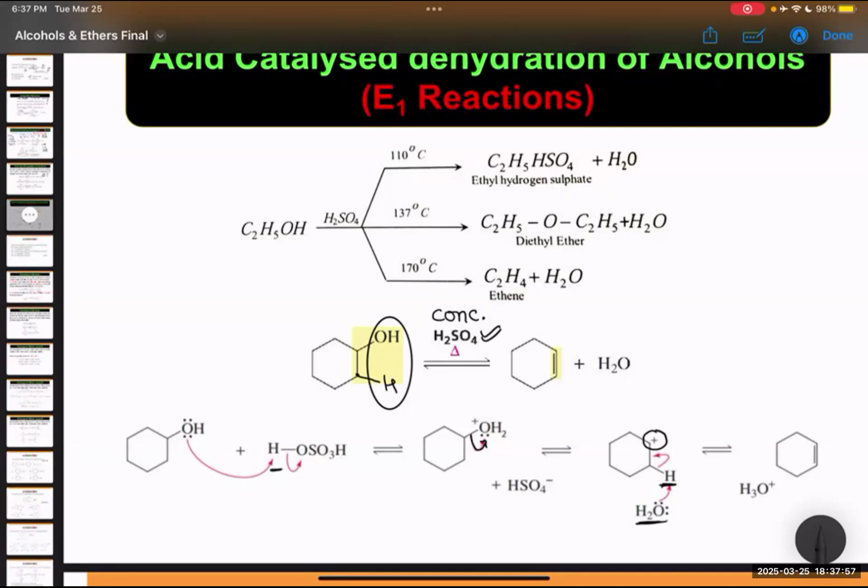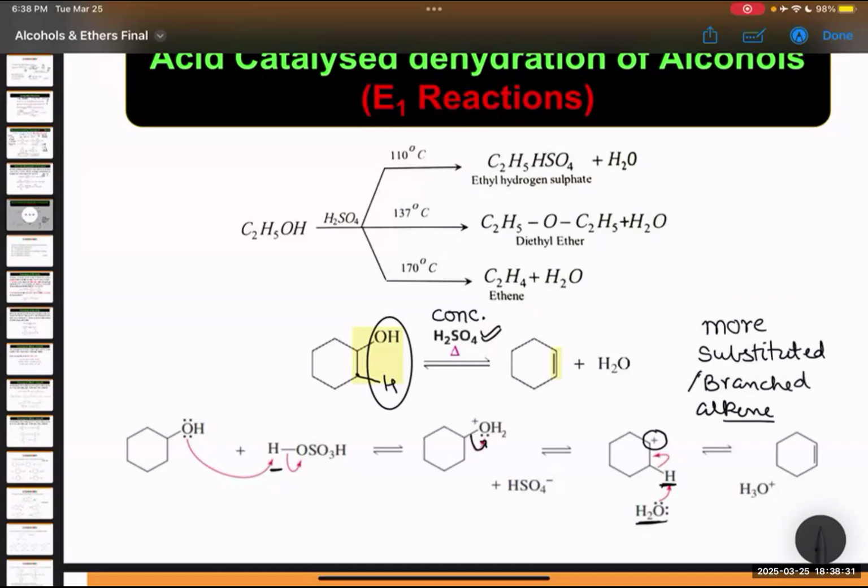The alkene which is going to form, if there are more options, in this case you do not have any option because it is a cyclic molecule, all sites are the same. So the more substituted or more branched alkene is going to form as the major product, the main product.